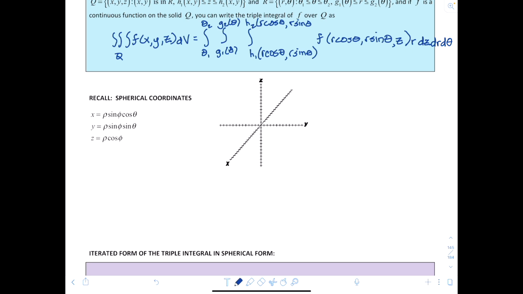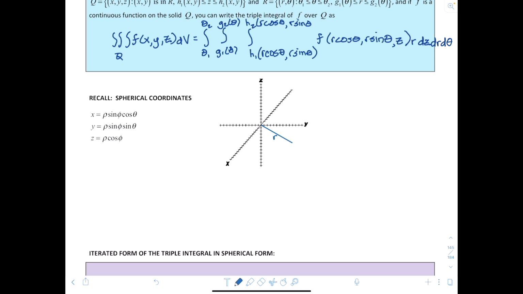So here, if we take a look, I'm going to go ahead and sketch out an R. This would be our R, and that's in the XY plane, okay?